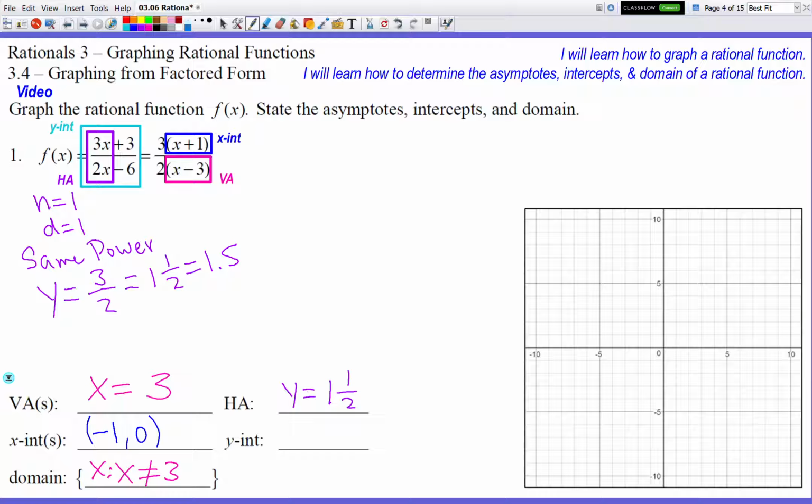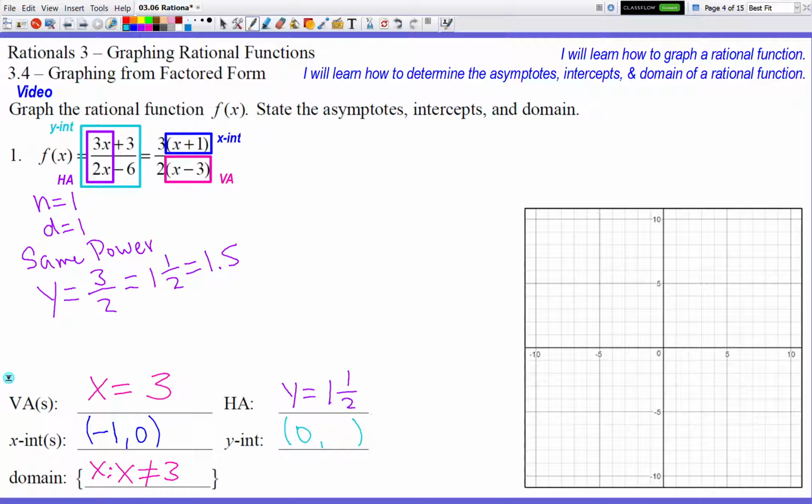Okay, so next up is the y-intercept. Hopefully from your experience with the y-intercept, you remember that every single y-intercept in the entire world has a 0 for the x value. Just knowing that fact is going to make finding the y-intercept a lot easier, because it basically tells you that in one of your two fractions, you're going to plug in 0.